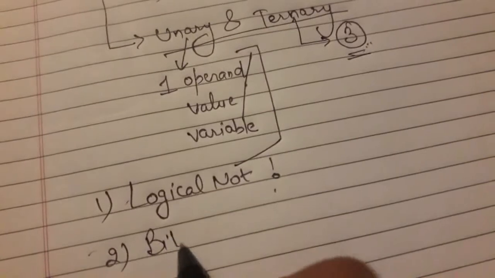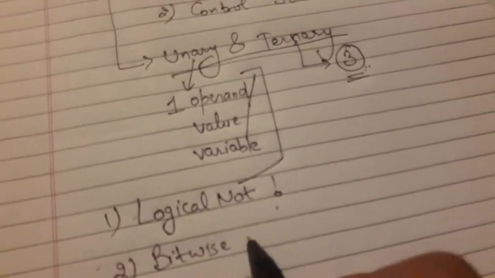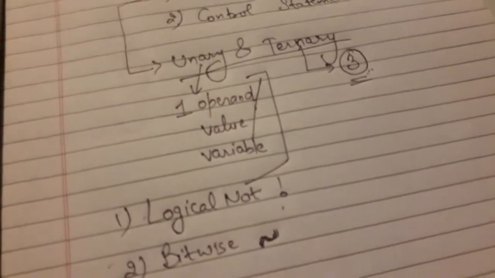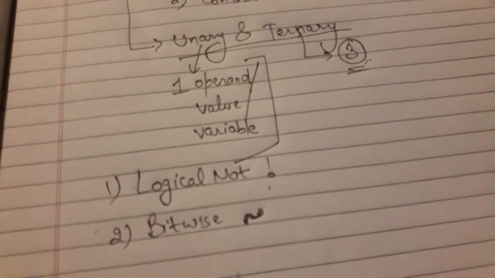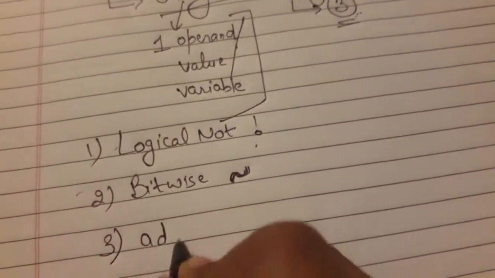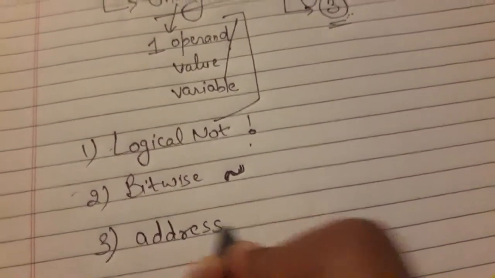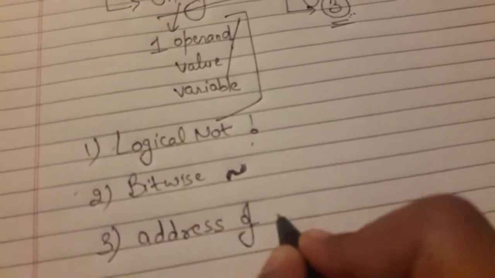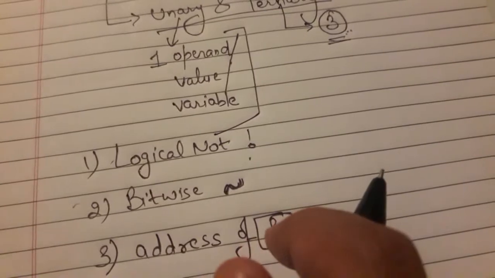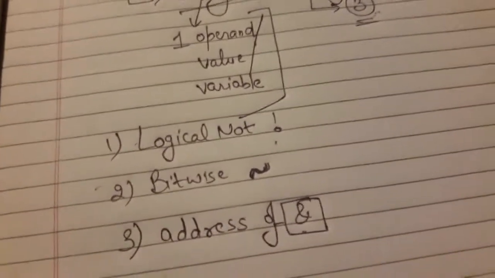Bitwise complement, which we also call inverse, is also a unary operator, right? Then we discussed the address of operator, which we used in scanf in C, right?